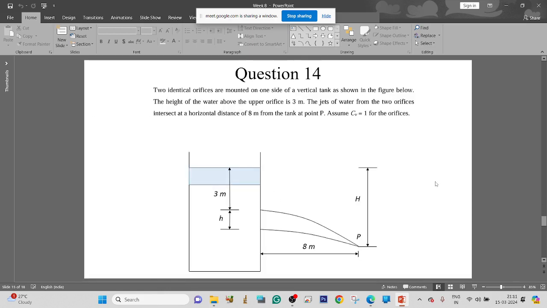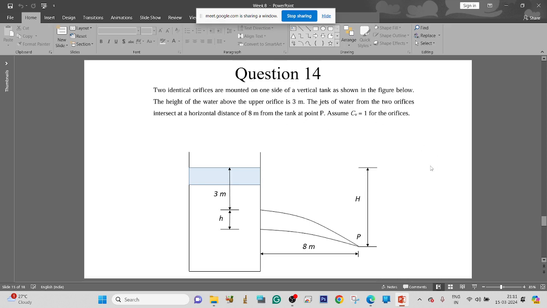So how many questions are left? We have got 3 more questions. In this question, there are three parts, right? Two identical orifices are mounted on one side of the vertical tank as shown in the figure. The height of the water above the upper orifice is 3 meters, and the jets of water from the two orifices intersect at a horizontal distance of 8 meters.